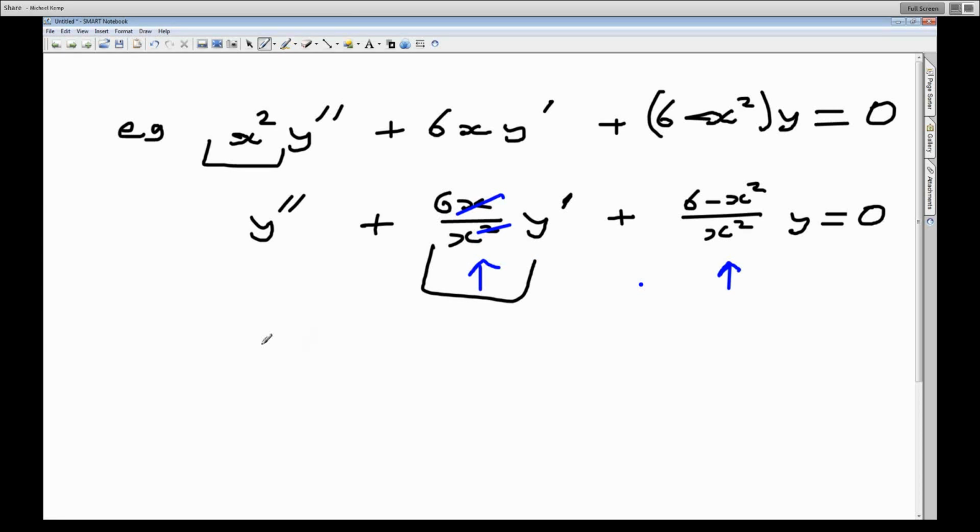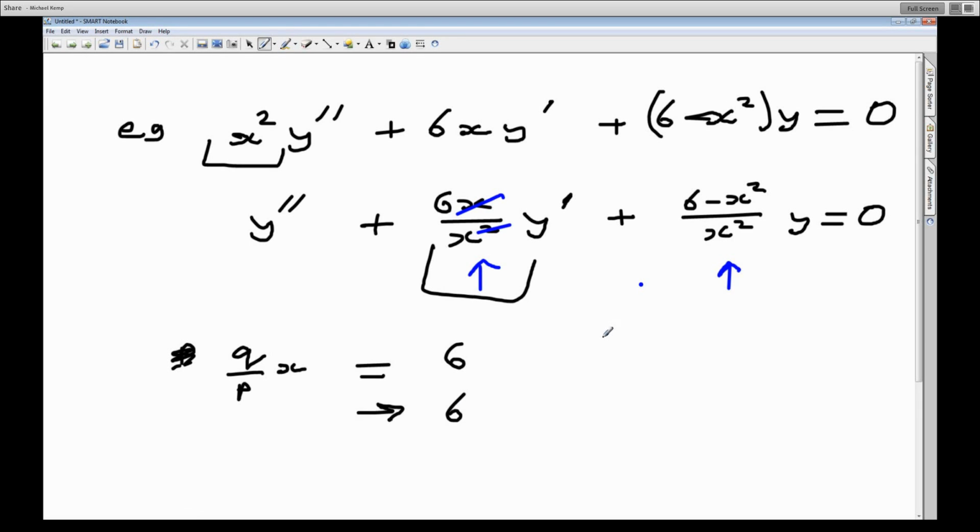If you multiply that by x, then that's just what's on the top of the fraction here, just the 6. And if we take the limit of that as x goes to 0, you just get 6. You can see that's a finite number, so that's okay. Just showing it's working here.